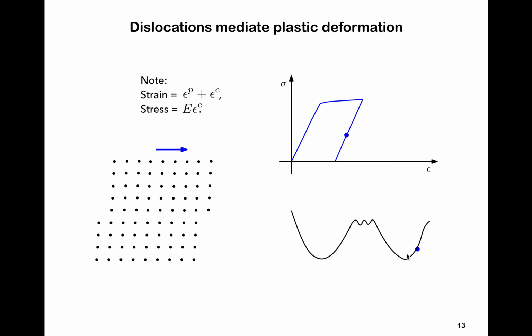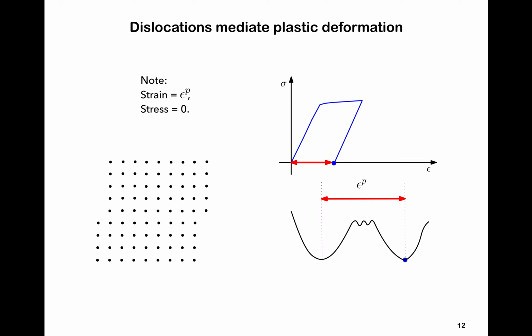If I look at this energy well, that is the ground state, and this is the current state. So the stress depends only on the relation between the current state and its parent ground state. In other words, the stress depends only on the elastic part of the total strain. It is independent of the plastic part, and that is also what we saw earlier, as the plastic part contributes zero stress.